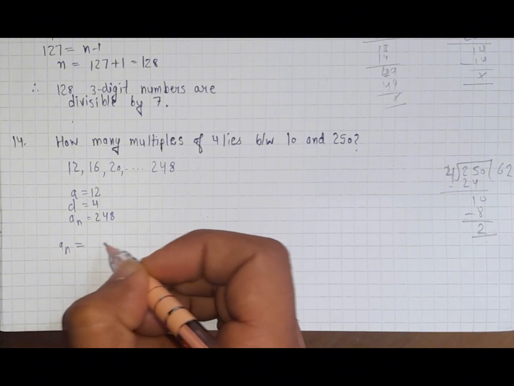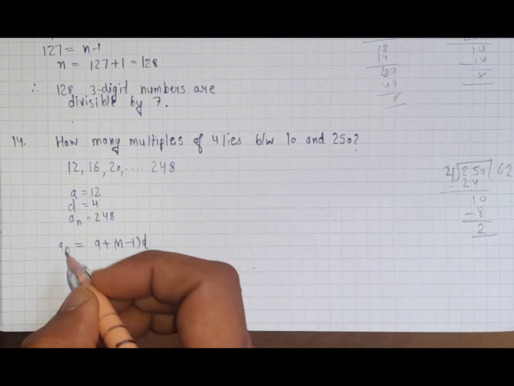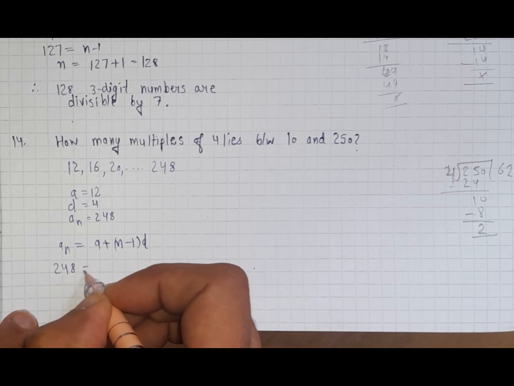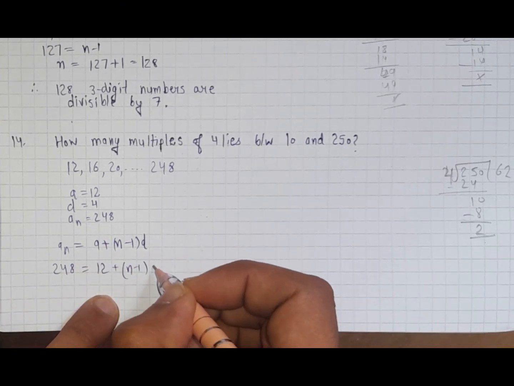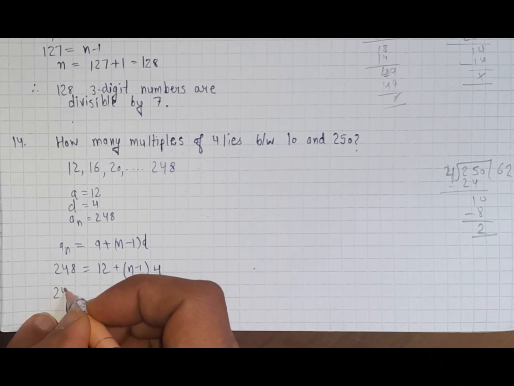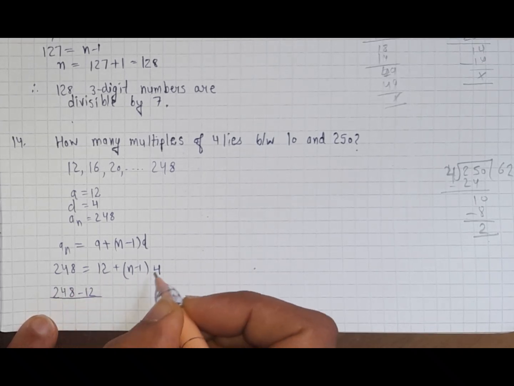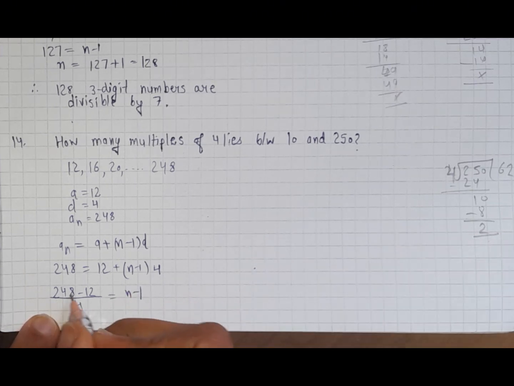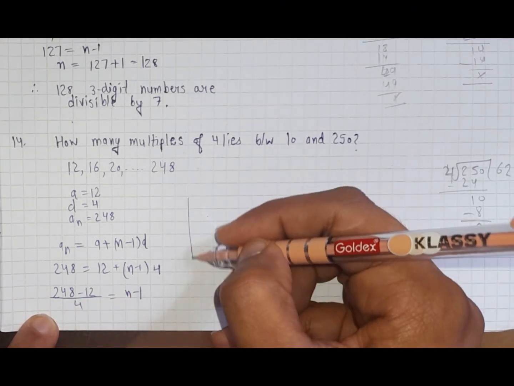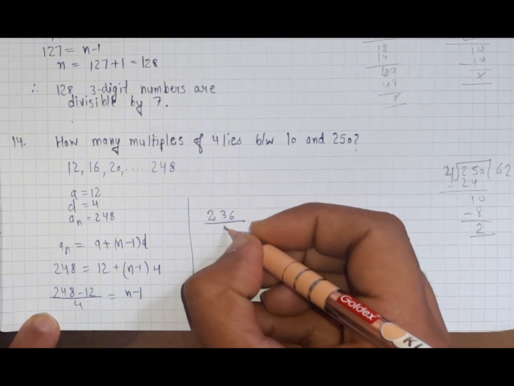By the nth term formula, we have an equals a plus (n minus 1) into d. an is 248, a equals 12, d equals 4. Now 248 minus 12, upon 4, equals n minus 1. 248 minus 12 equals 236.